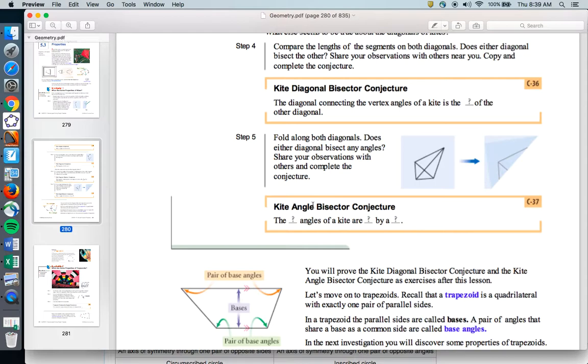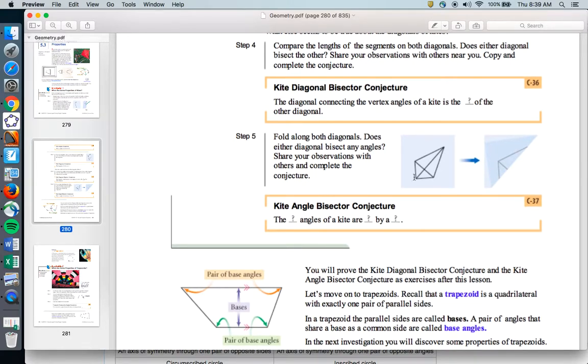Okay, last one, kite angle bisector conjecture. The blank angles of a kite are blank by a blank. Well, the idea here is it's the vertex angles. They're bisected by that diagonal.